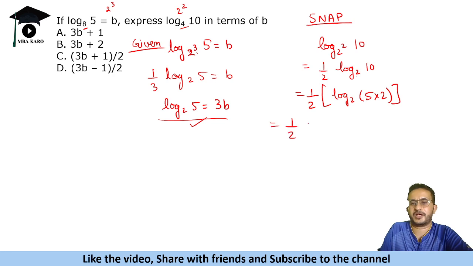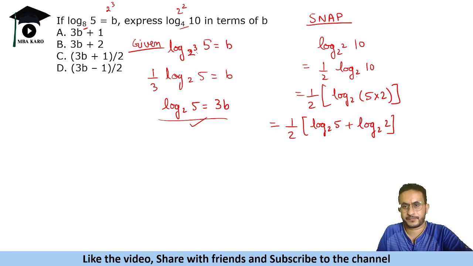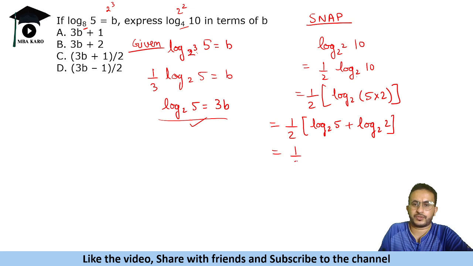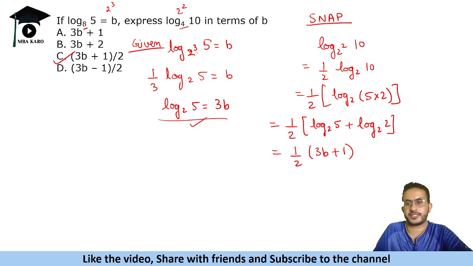That becomes half of log₂ 5 plus log₂ 2. So log₂ 5 we calculated as 3b, and log₂ 2 is 1. So this means the answer is option C.